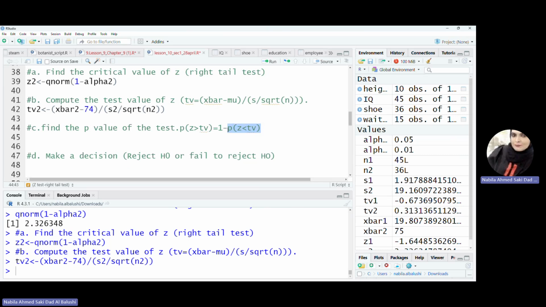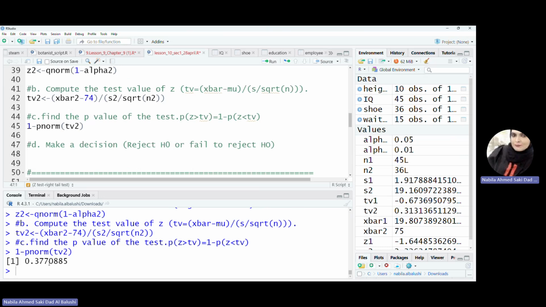This probability can be found because this is cumulative probability. So we'll use 1 minus this probability, which we can find by using the code. pnorm is the code for finding probability in normal. And then we write the test value TV2. Run the code, we get this p-value.